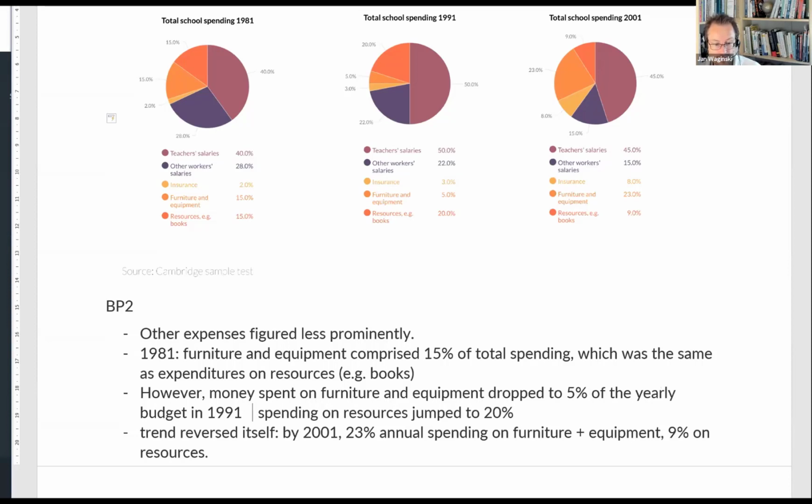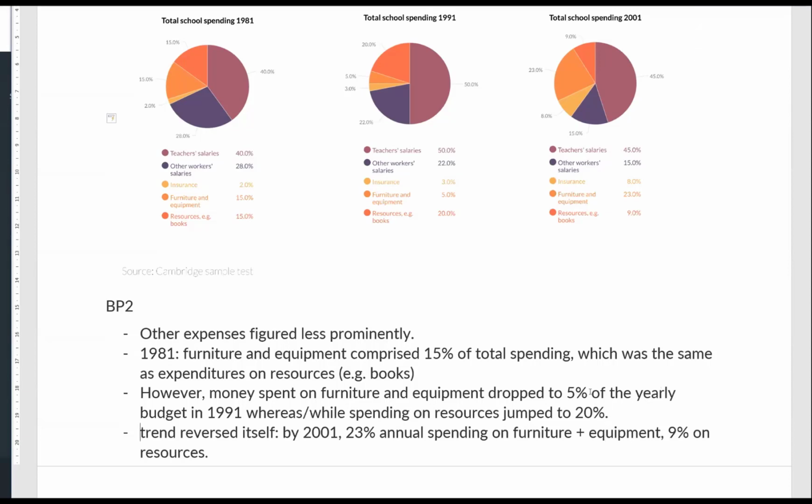How do we connect these? Whereas spending. Whereas or while spending. Good. The trend reversed itself by 2001.